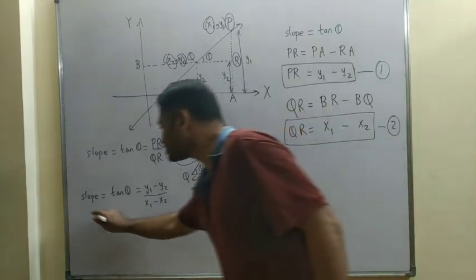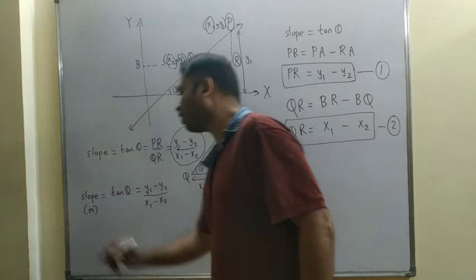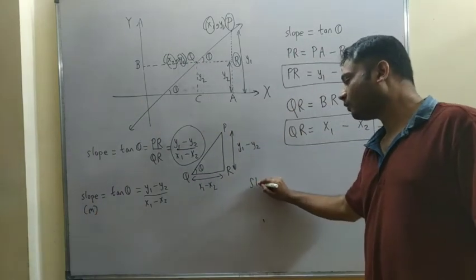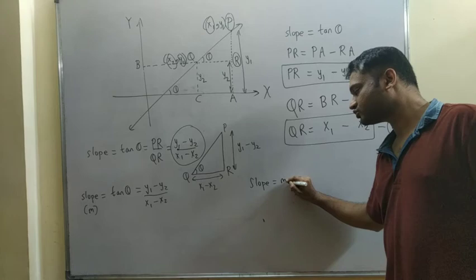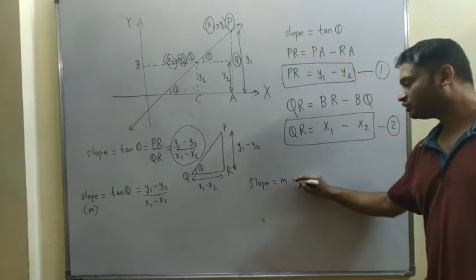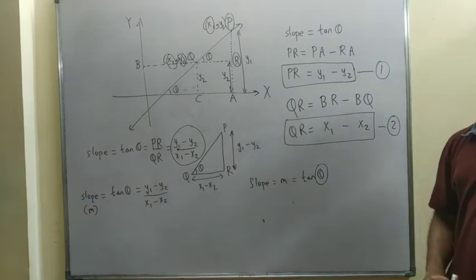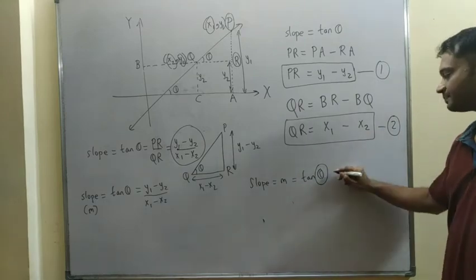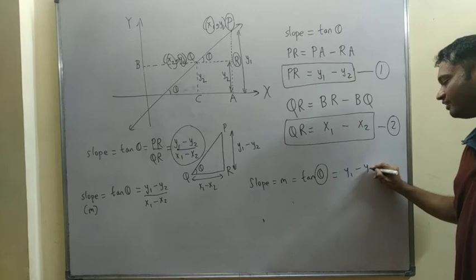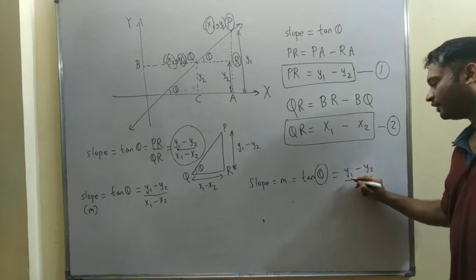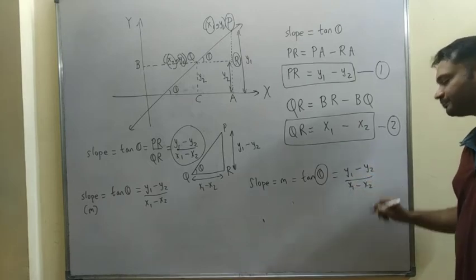We use the symbol small m for slope. So slope m is equal to tan theta, where theta is the angle made by the line with the positive x-axis, and that is equal to y1 minus y2 upon x1 minus x2.